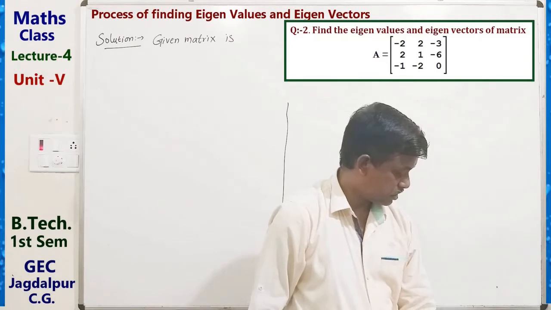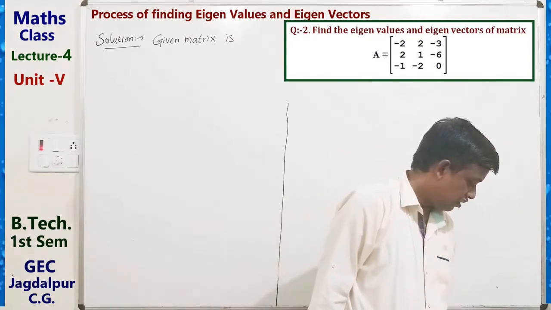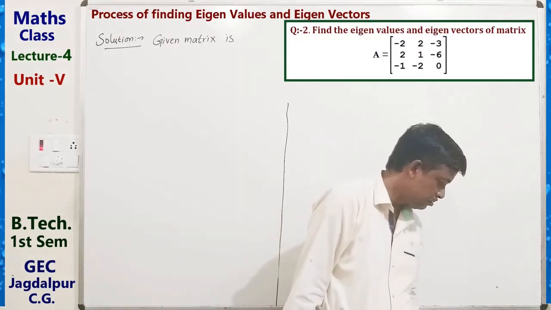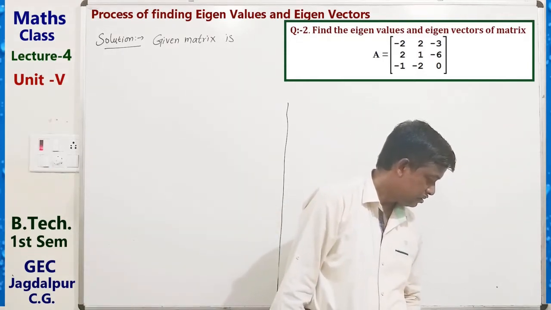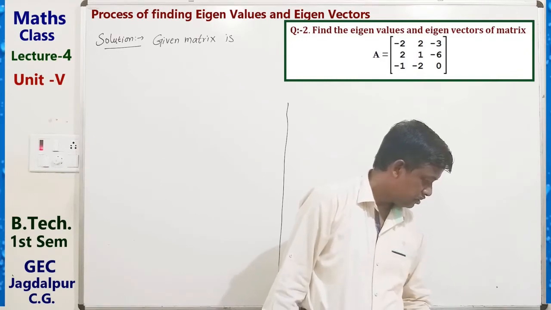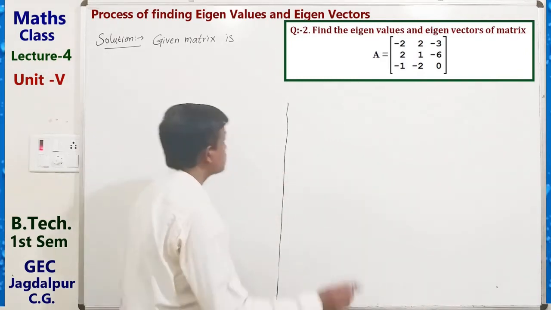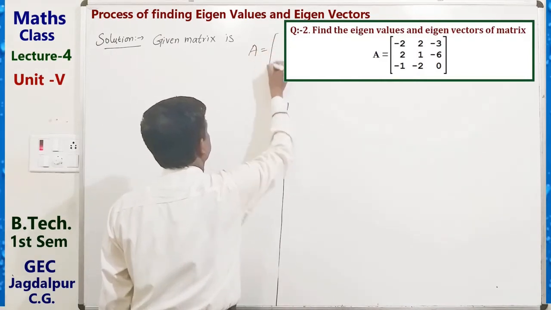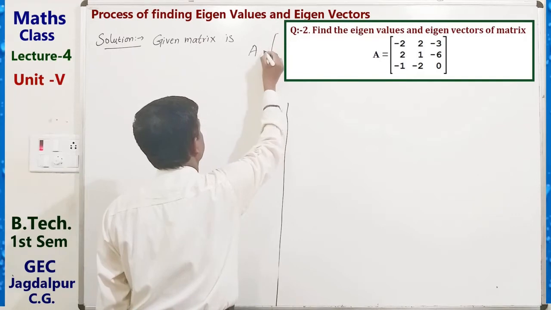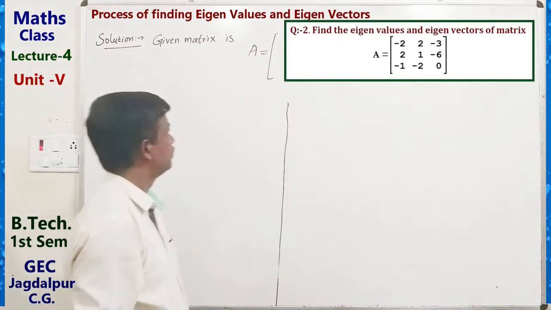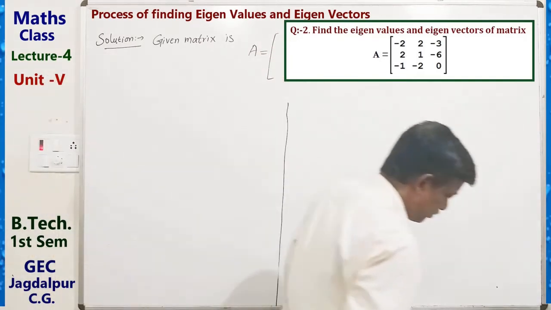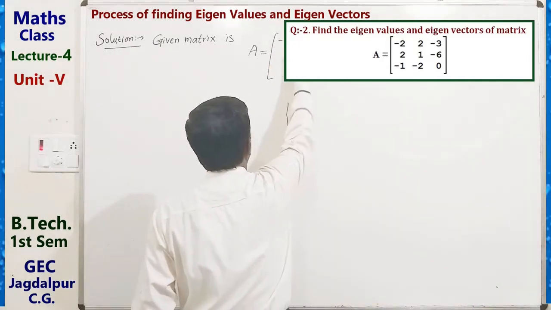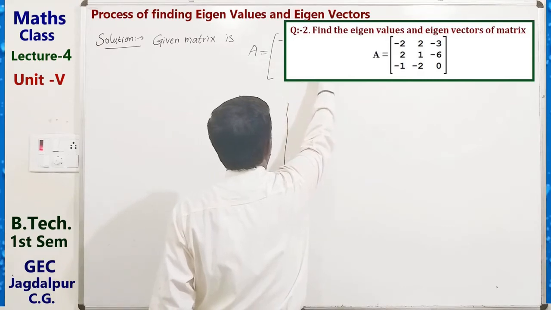So take another question for finding. Find all the eigenvalues and eigenvectors of the matrix here. Given matrix A is A equals minus 2, 2, minus 3, minus 2, 2, minus 3.